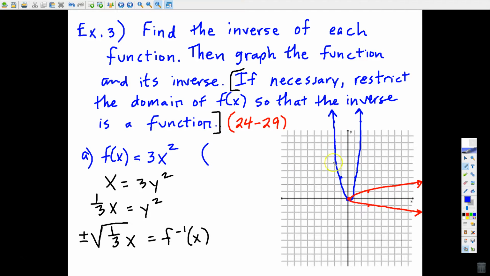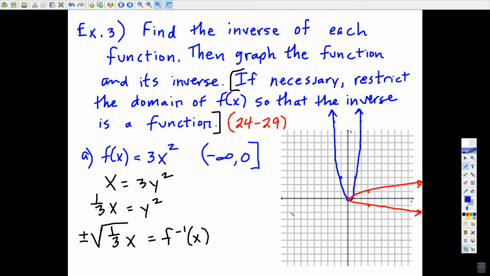Okay, so just the left half of the parabola, we're going to treat it like two separate pieces so that we can represent the inverse as a function. And Carly's right, it would be from negative infinity to 0, including 0. Okay, so that would be the domain representing the left half.